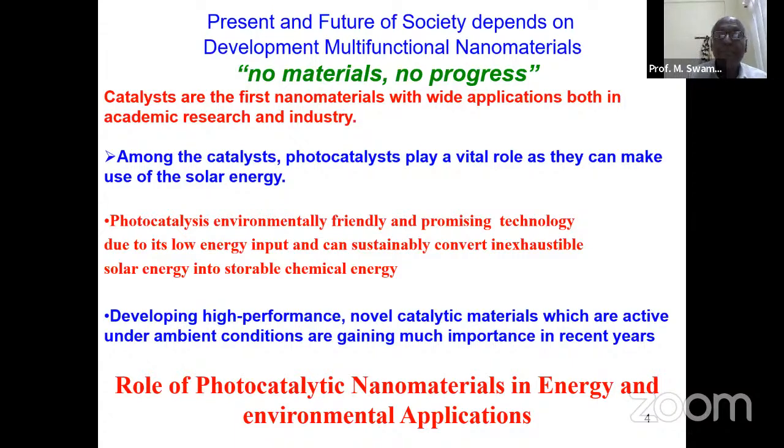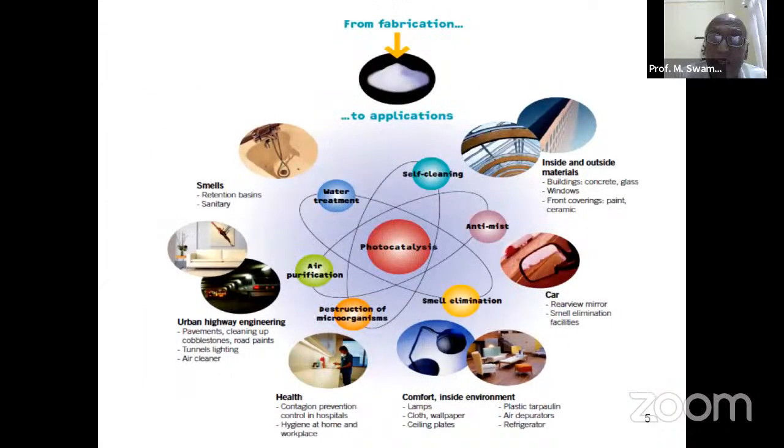You can see this slide after the fabrication of the photocatalyst. What are the different fields where photocatalysis is applied? You can see the inner circle shows water treatment, self cleaning, anti-mist, smell elimination, destruction of microorganisms and air purification.